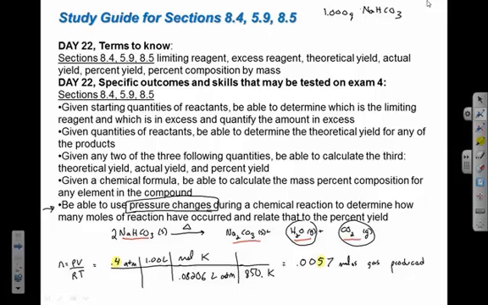So the idea here is, if this is based on that increase in pressure of 0.4 atmospheres, this is the moles total of all the gas produced. Half of that is water and half of it is CO2 because they're produced in a 1-to-1 ratio. So if I divide that number by 2, that will tell me how many moles of water are produced. And then the same number divided by 2 will tell me how many moles of CO2 are produced.